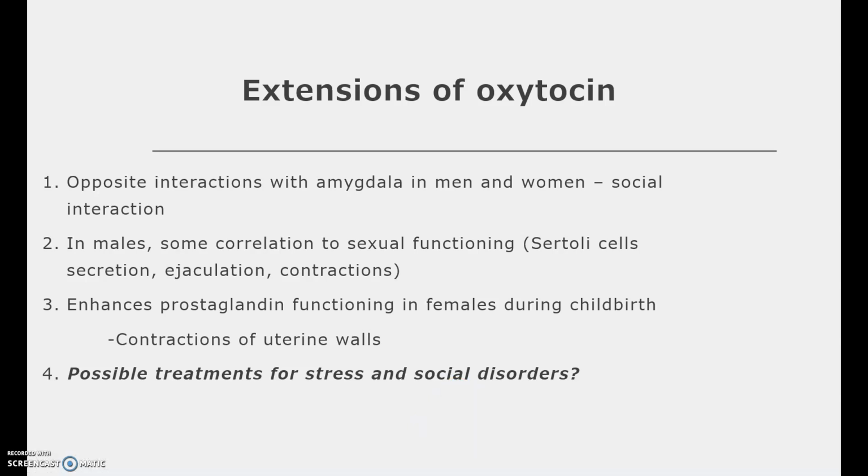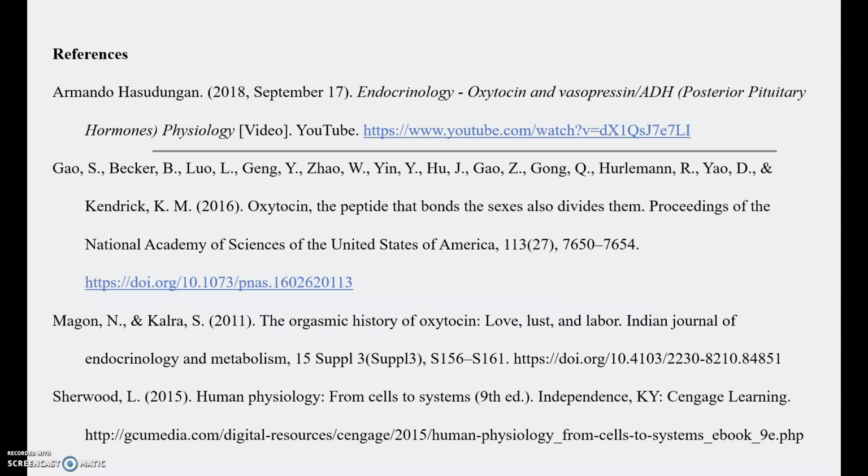So obviously oxytocin does a lot more than just water retention in the kidneys and contractions of the uterus and the mammary glands. There's a lot more that happens in the brain with oxytocin, so that is to be determined. So I'd welcome you to continue studying that in your free time.